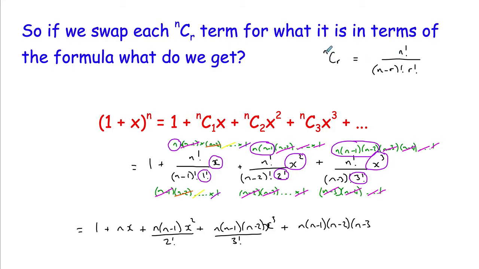If we try to do like 5C6, we'd end up with a 0. And that's why these functions here, when n is a positive whole number, that's why they terminate. When n is not a positive whole number, the functions will not stop. This will carry on forever because we won't have a 0 in the top.